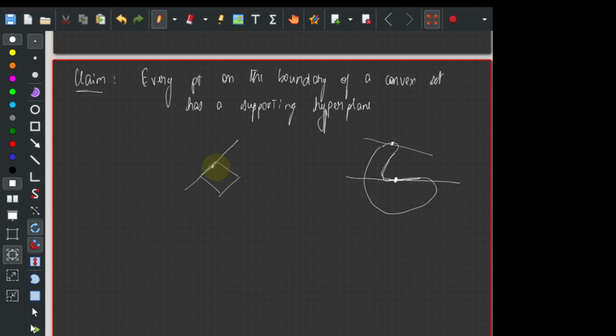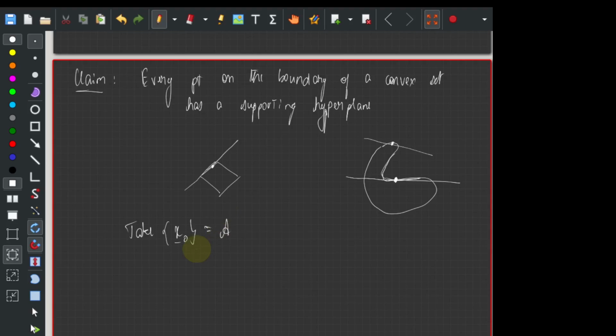So let's pick x naught to be one set, just the set containing only x naught. This is going to be one set.